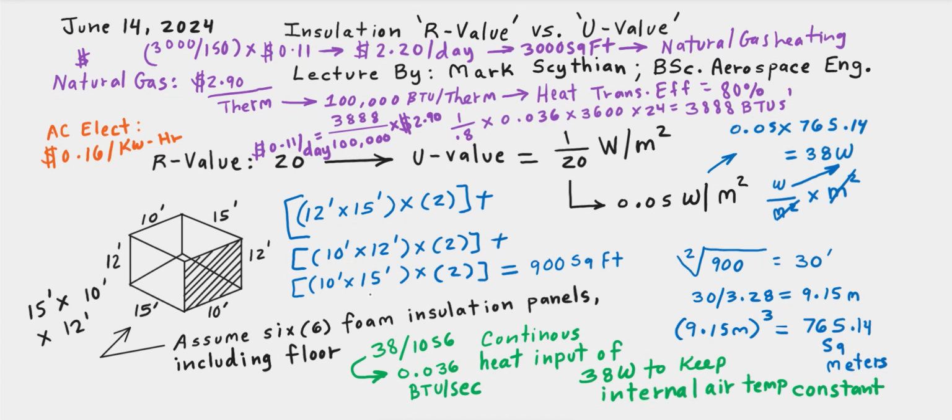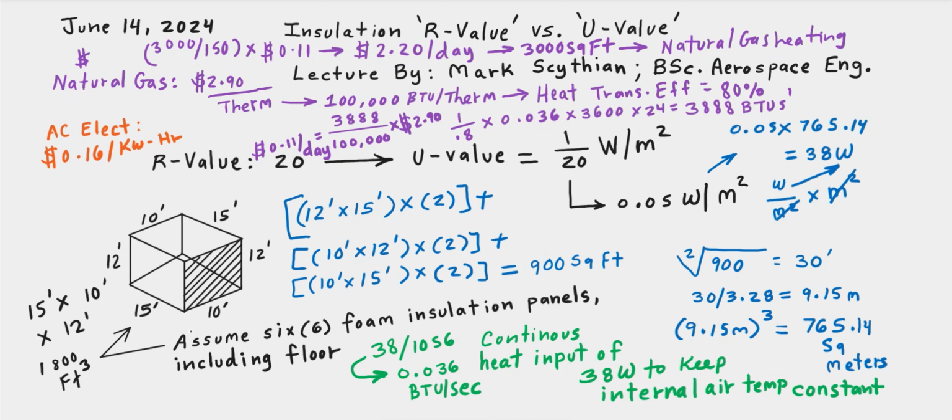So it's 1,800 cubic feet of air at some density, pounds per cubic foot. So then we get pounds of air, and we want to hold that quantity or that volume of air at a constant temperature using our R20 insulation, 6 panels covering an area of 150 square feet.